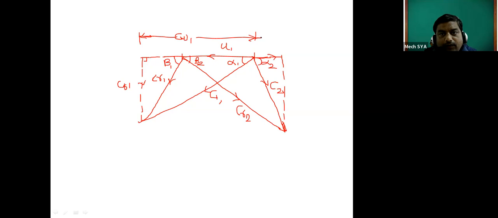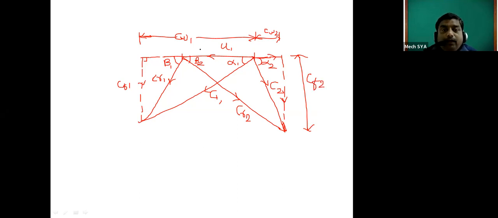So CW1 and CW2. The horizontal component of C2 we call CW2, and the vertical component, in the flow direction, which is responsible for flow, is called CF2, the flow component of steam at outlet.